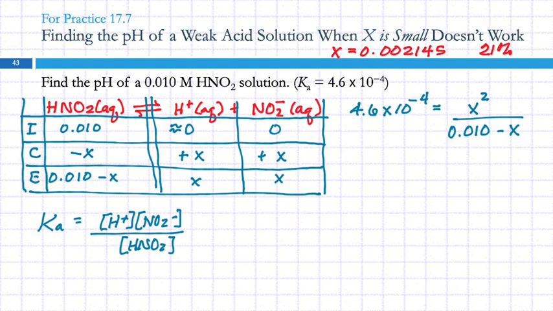4.6 times 10 to the minus 4. So the solver is giving me x is equal to 0.001927.